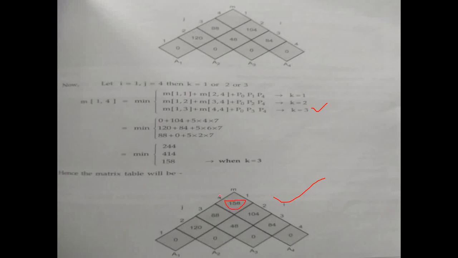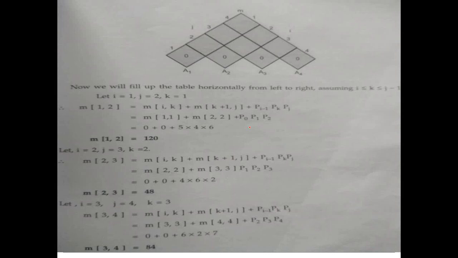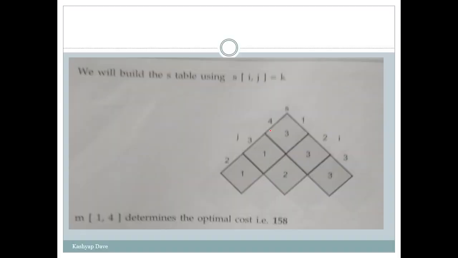So for matrices A1, A2, A3 and A4 of different dimensions, which are given in the question, we will need a minimum of 158 multiplications to get the result. We will store all these values of k in a separate table.